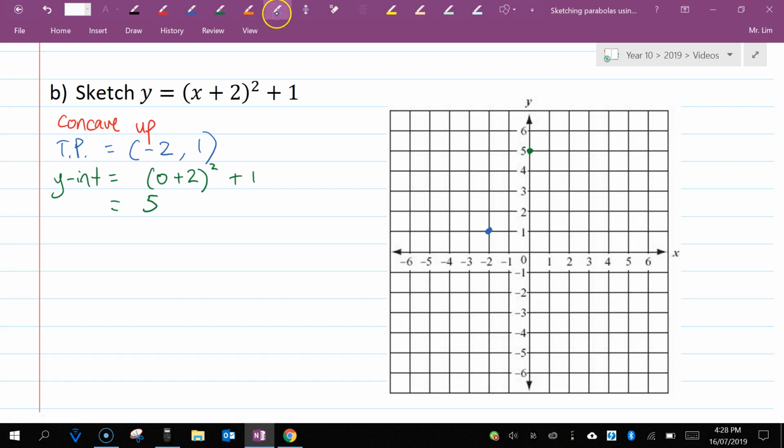It's going to look something like this. Which means it's not going to cross the x-axis at all, so we don't need to work out what the x-intercepts are. By doing that, that will save you time. The only other point we need is the other point to make it look nice and neat. Well, we went 2 to the right and then up to 5, so we're going to go from the turning point 2 to the left and then up to 5, put our dot there, and now we can draw our parabola.